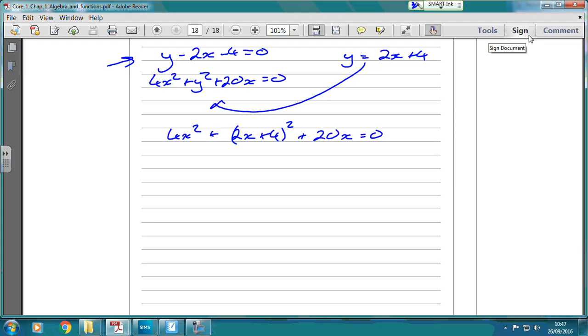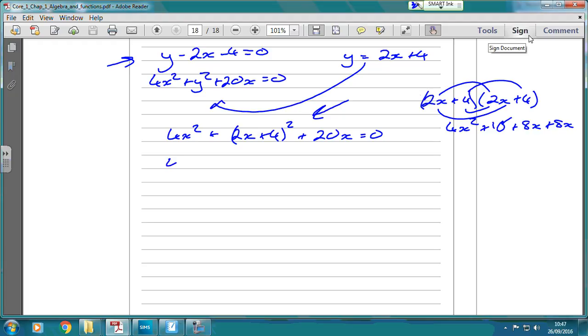But as you know, and most people did, 2x plus 4 squared is 2x plus 4 times by 2x plus 4. And we've done so many of these so far this exam. So 2x times 2x is going to be 2 times 2 is 4, x times x is going to be x squared. So we're doing 4x squared plus 16, so like 16 not 10, plus 8x plus 8x.